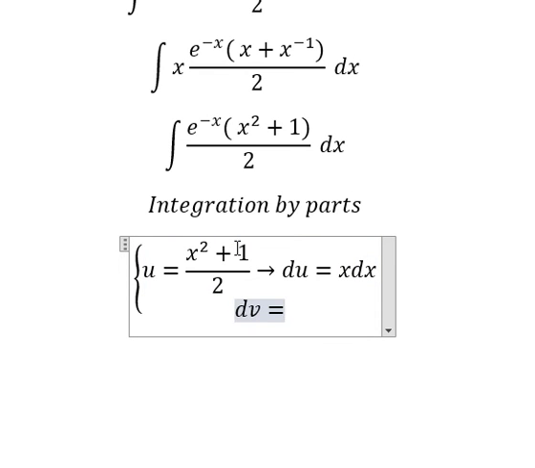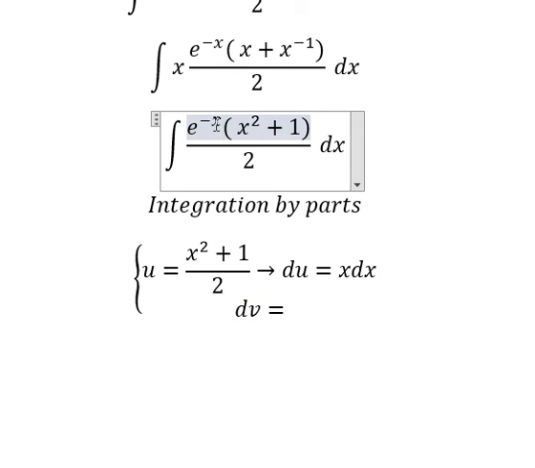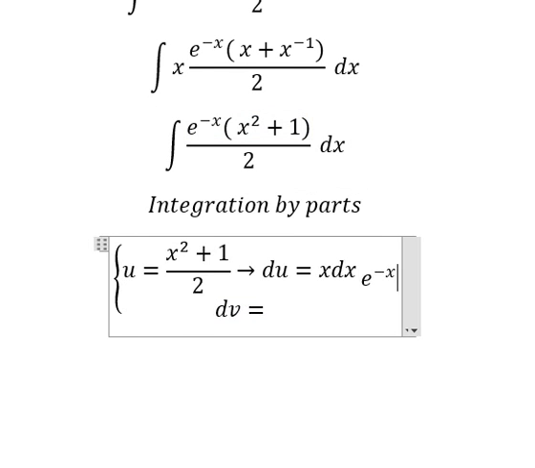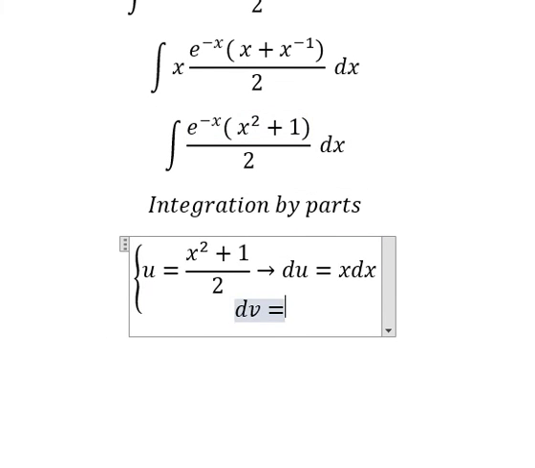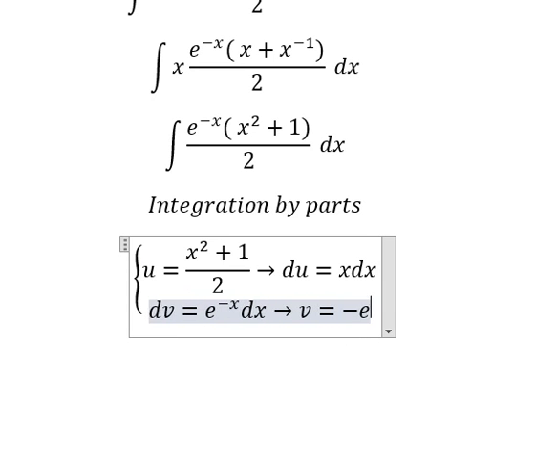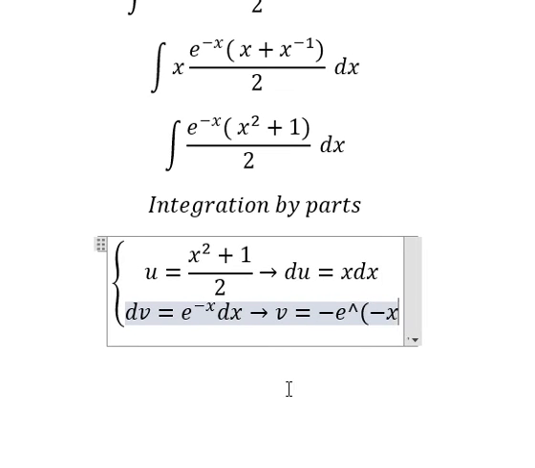dv is e to the power of negative s. So the integration of this one, we have negative e to the power of negative s.